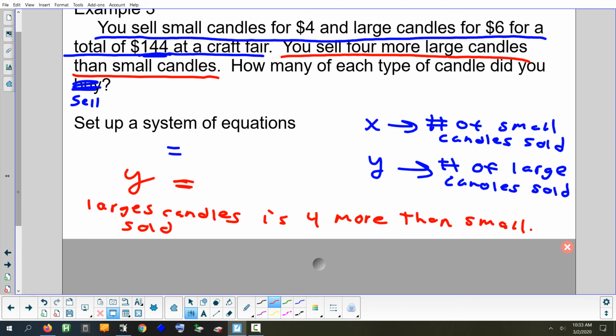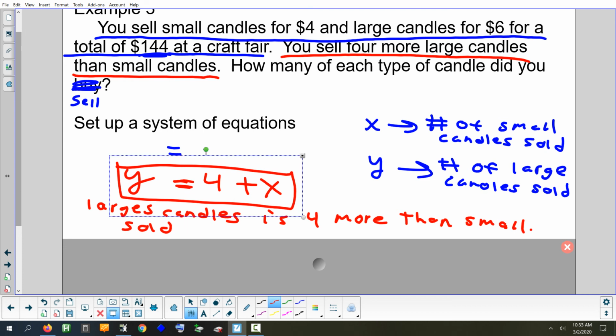How would you write 4 more than small? 4, yeah. Plus x. There's one of your equations right there. Large candles is 4 more than small. So if x was 1, y would be 5. If x was 2, y would be 6. However many small ones you sold, add 4 to it, and that's how many large ones you sold.